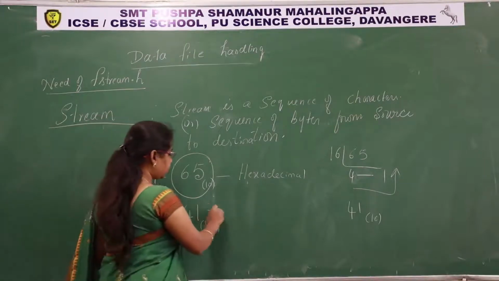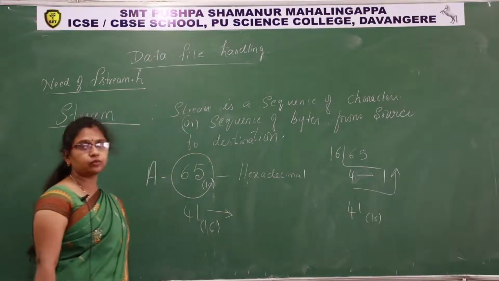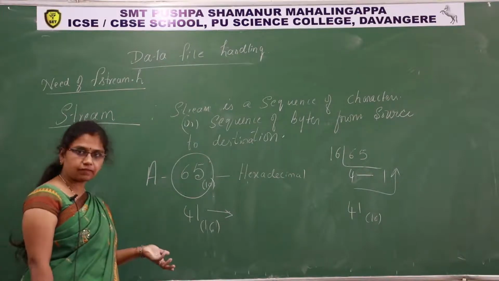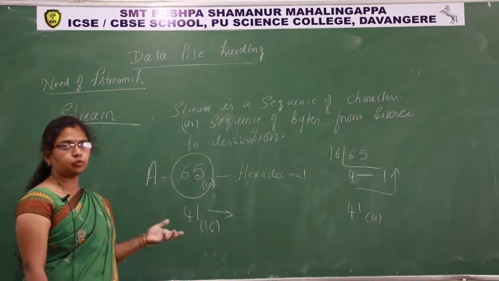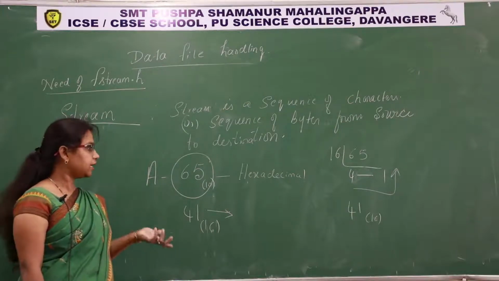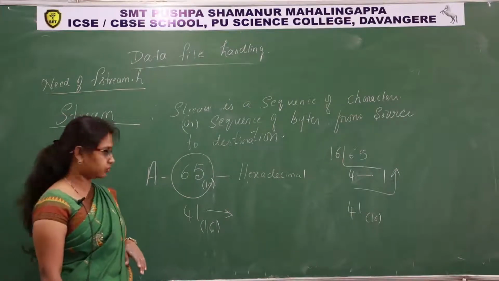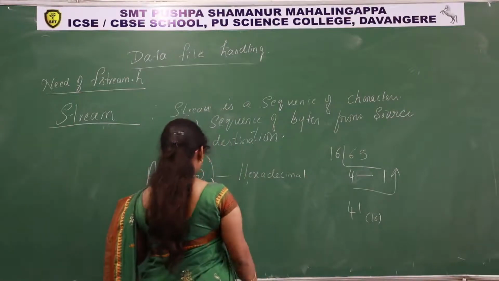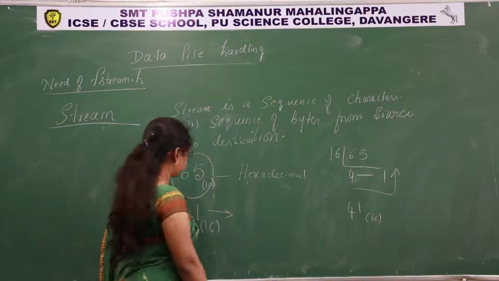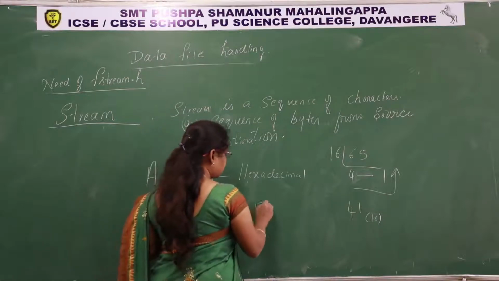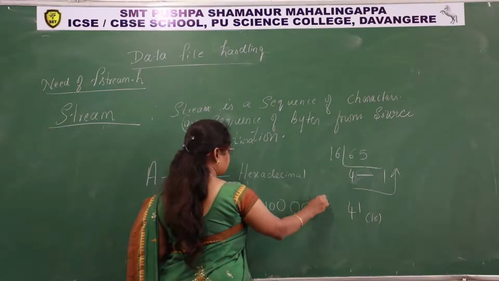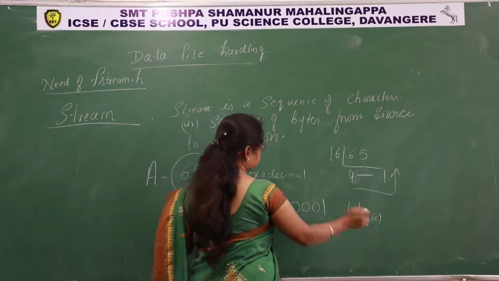Now this 41 is converted into bits. If your keyboard is ASCII 7 or ASCII 8, there are two types of ASCII codes, ASCII 7 code and ASCII 8 code. If it is ASCII 8, how to write 4 in 8 bits? 0 1 0 0 and 0 0 0 1, 8 4 2 1, isn't it?